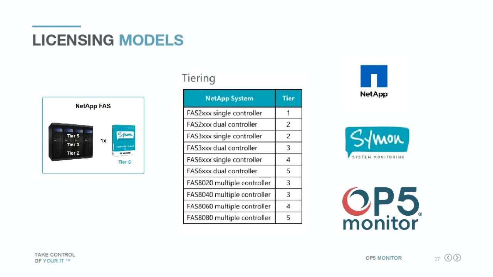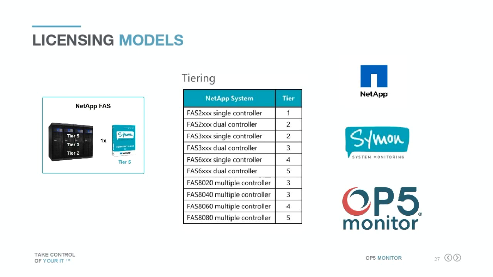Here are the details of the licensing model. First of all, you just contact our sales and tell them what your best model is. If you have, let's say, a FAS8060 as your best NetApp storage system, you can see it's tier 4.